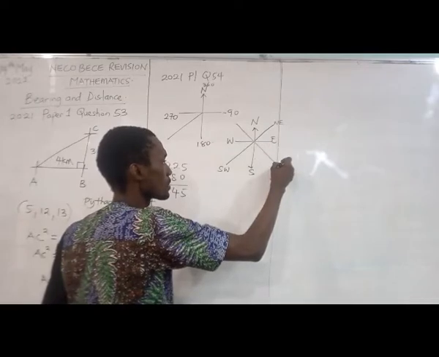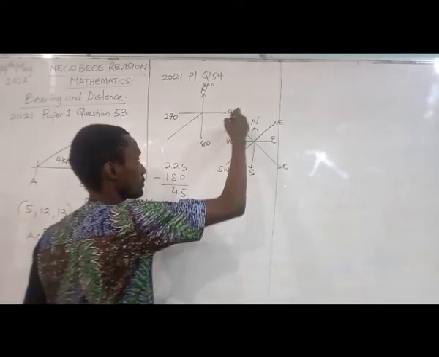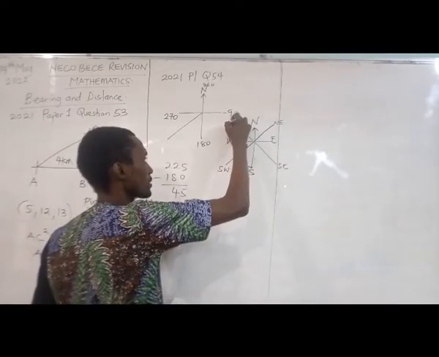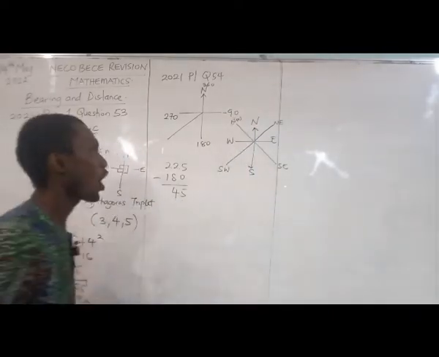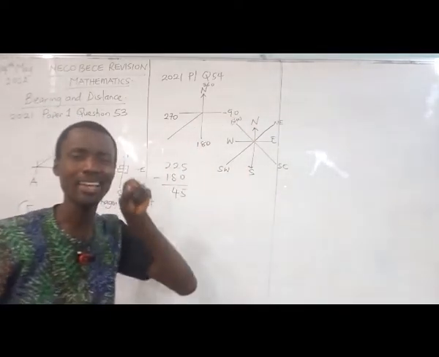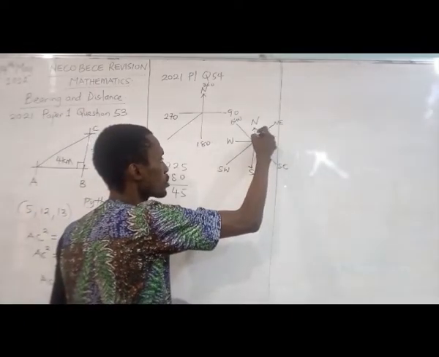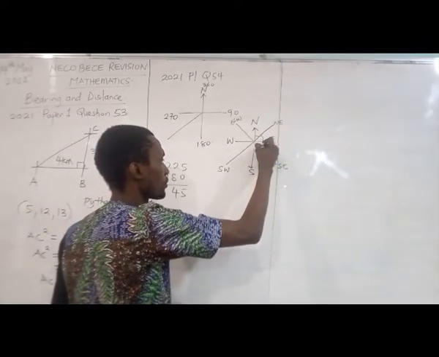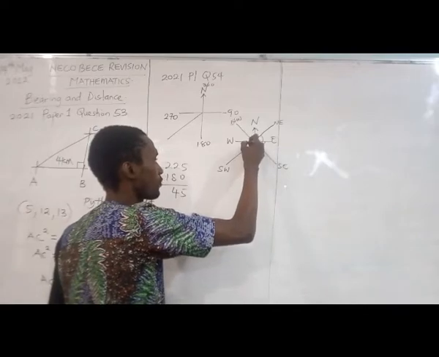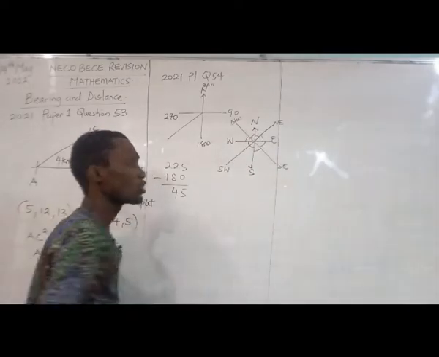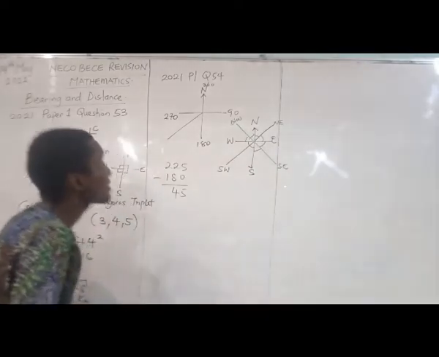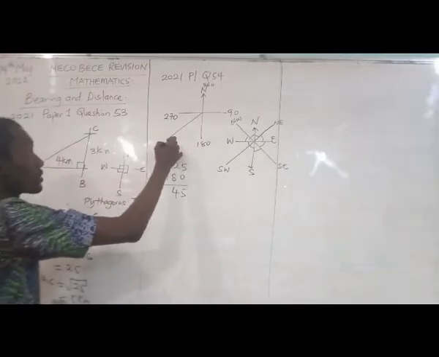This position is what? Southeast. This position is what? Northwest. And all of these divisions are exactly 45 degrees. So if this is 90 degrees, this will be 45, this will be 45, 45, 45, 45, 45, 45, and 45. So if you have that understanding, it means that what I'm looking for is actually what?